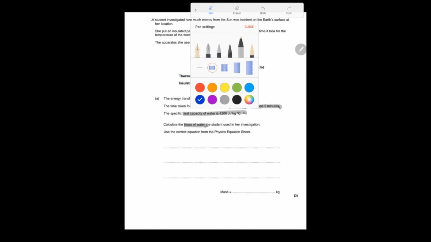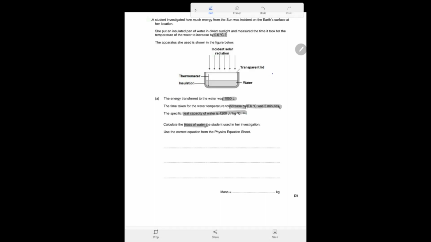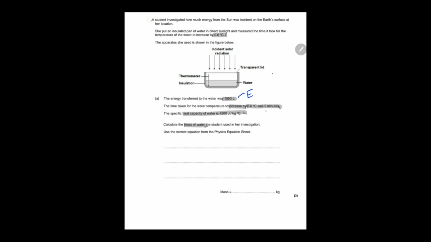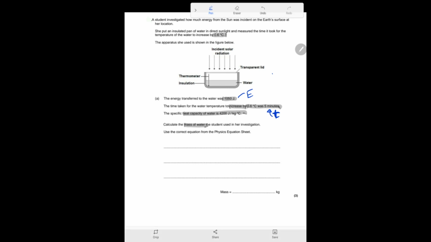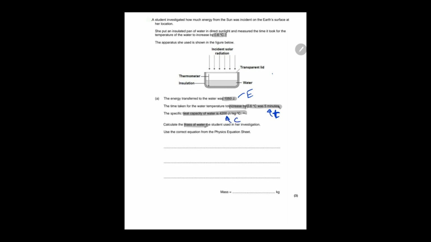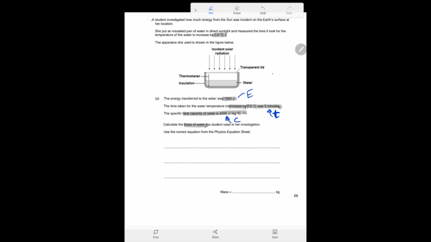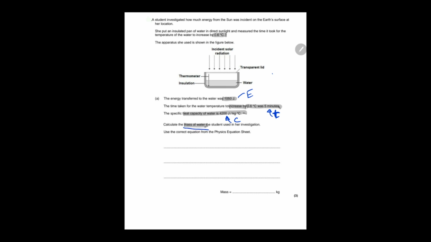So, the physics equation sheet will be given to you in the exam. Let me label the information that I have here: my energy, my time, which I'll make a small t, and my specific heat capacity. It's asking me to find the mass of the water.